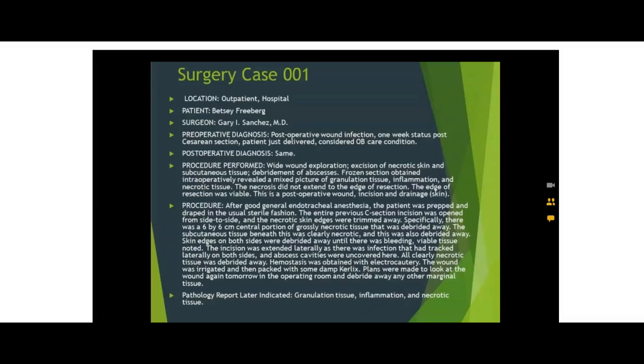So if we look right through that, infection of obstetrical surgical wound, superficial incisional site, and it tells us even more: subcutaneous abscess following an obstetrical procedure, or stitch abscess following an obstetrical procedure. And that's the one we want, right? Because we know it was in the subcutaneous tissue. That's what was debrided away.